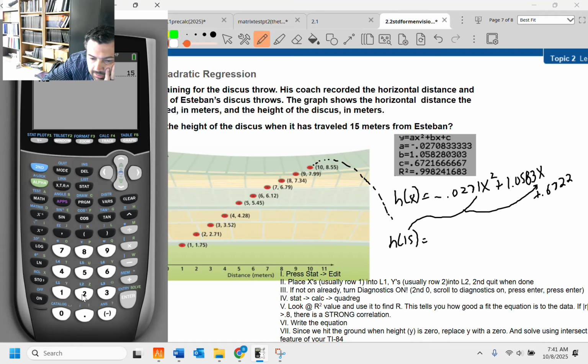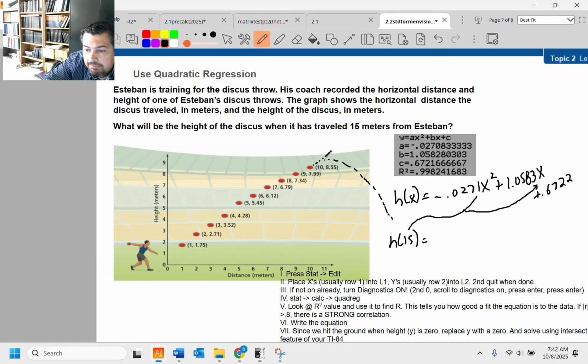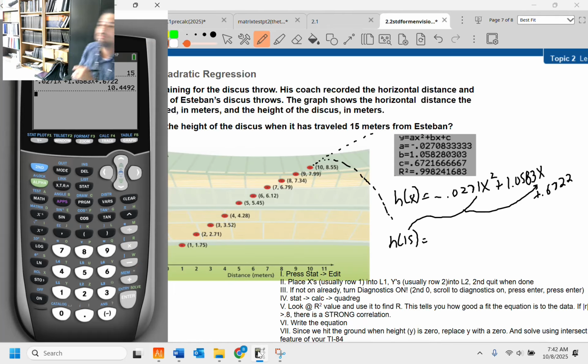Negative 0.0271 x squared plus 1.0583 x plus 0.6722. As big a fan as I am of doing things in your head, let's be realistic on some things. That's why we're using a TI-84 for this. And it's about 10.4. How are they rounding in these things? Second decimal? 10.45. It is actually still on the path up, isn't it? So it's still on the path up, but around 10.45 meters.